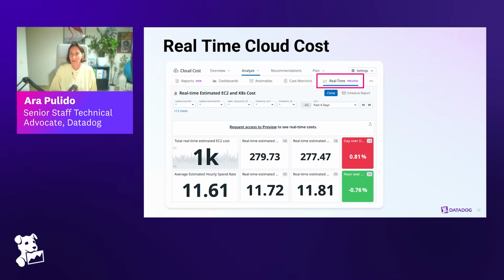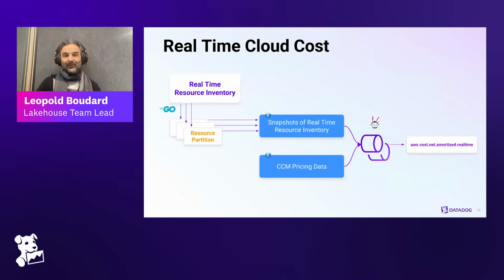How does that work, Leo? And especially, how does Iceberg work on this one? Yeah, so maybe to give a brief overview of the difference between real-time cloud cost and cloud cost: cloud cost is mostly based on the actual infra billing, whereas real-time cloud cost is based on metrics from the current state of your infra and joining that with pricing data. So upstream, we have a real-time resource inventory that has the collection of your EC2 instances or Kubernetes pods with associated tags.